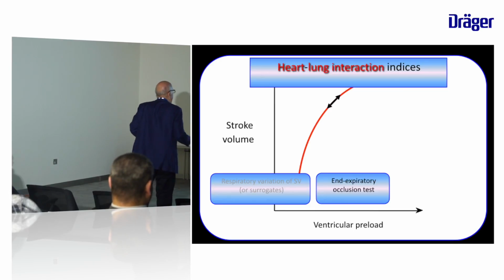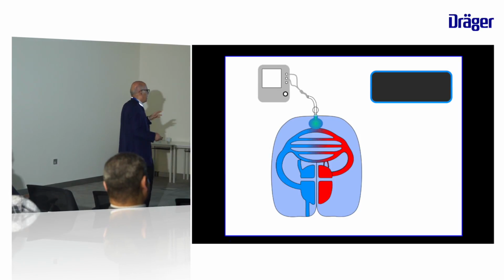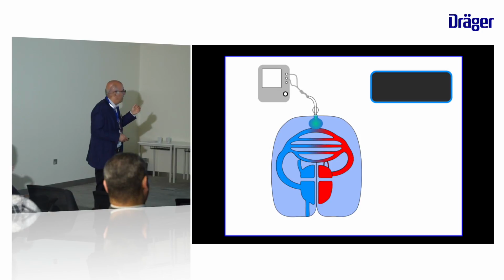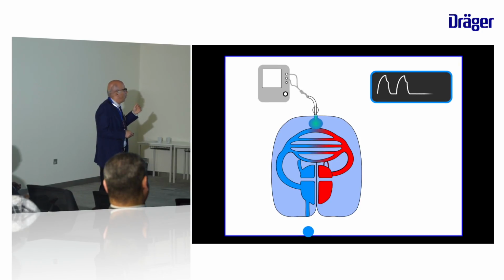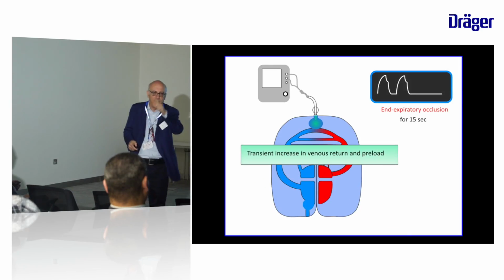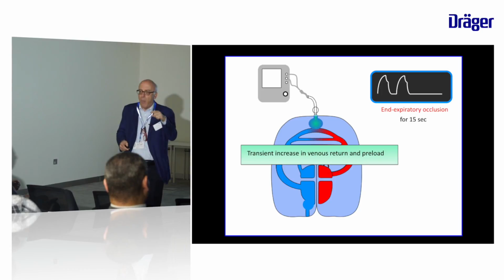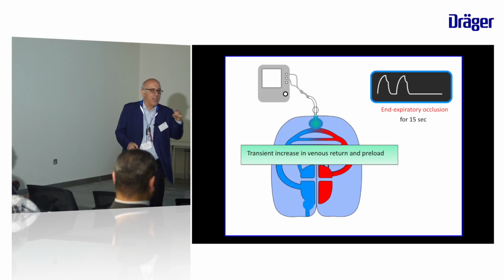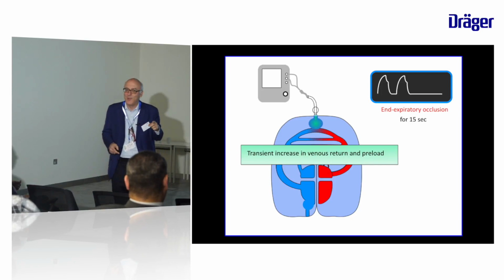Anyway, end expiratory occlusion. The theory behind this is that if you occlude the airway at end expiration for 15 seconds, and first of all the patient must not breathe, because if the patient breathes, you measure the P0.1 or the inspiratory effort.